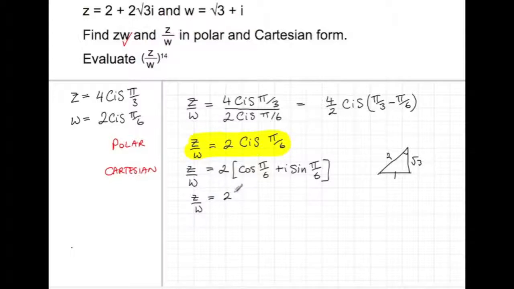So it's 2 times root 3 over 2, plus i sine 30 degrees, and sine 30 degrees is 1 over 2. The 2s cancel out, and so the answer is just root 3 plus 1i. And that's the answer in Cartesian form.